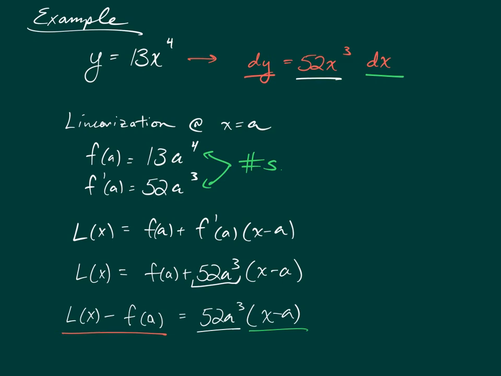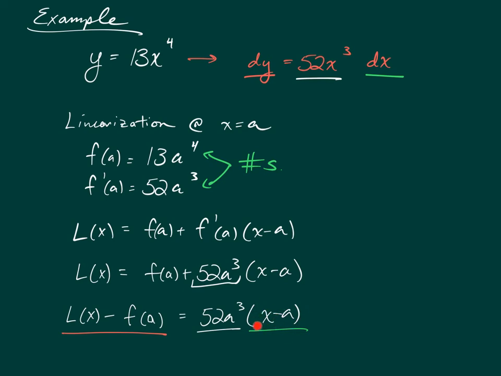So you can think of this dy, this differential equation up here, in terms of a linearization in the way that dy is the difference between the linear approximation and the actual value at f of a, and the dx over here, the differential dx, is represented by this small difference in x values down here.